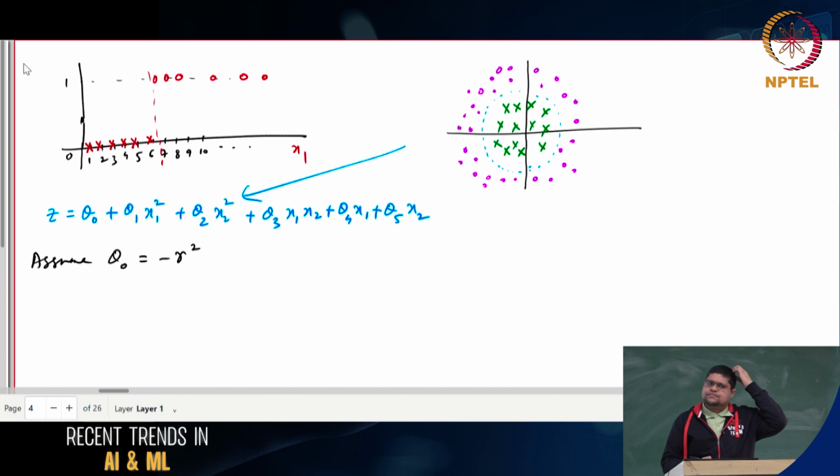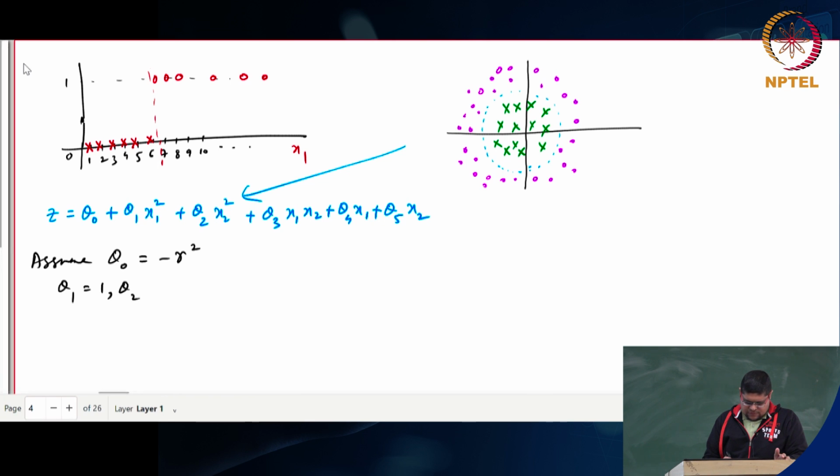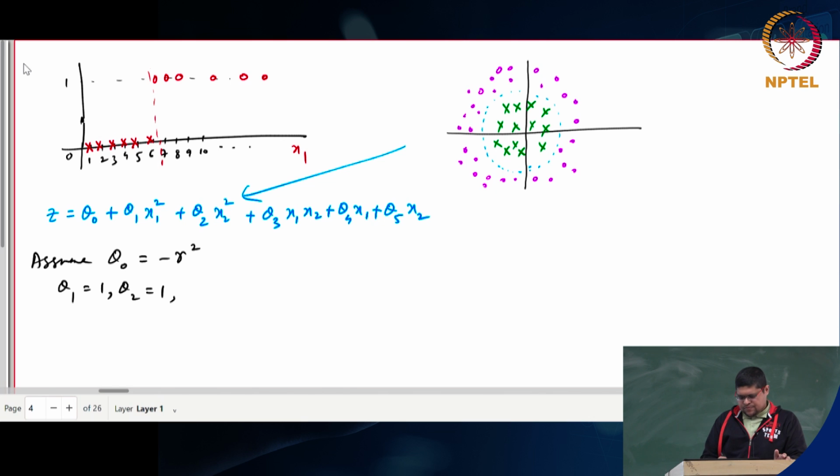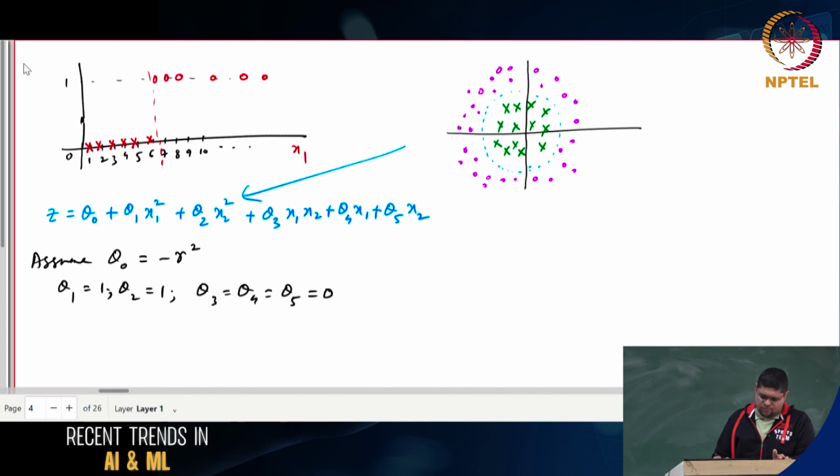What is r? That radius. Just to consider, theta 1 equal to 1, theta 2 equal to 1, and all others, theta 3 equal to theta 4 equal to theta 5 equal to 0.